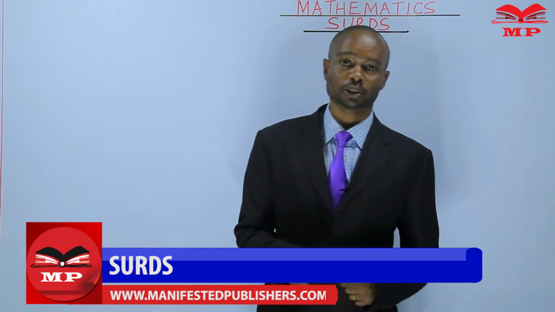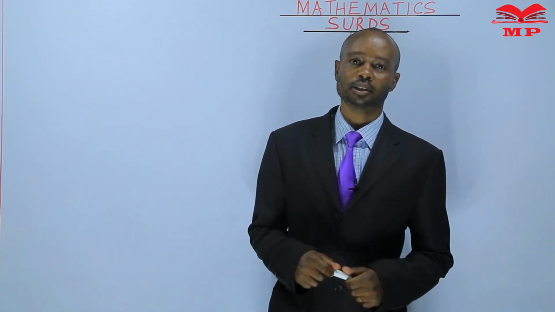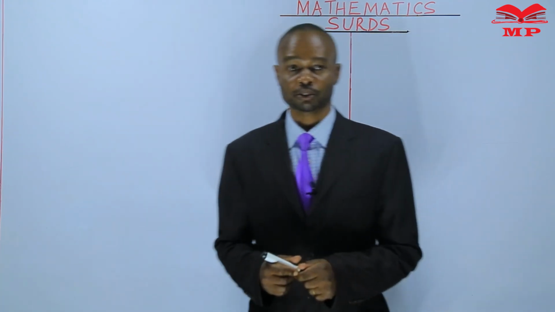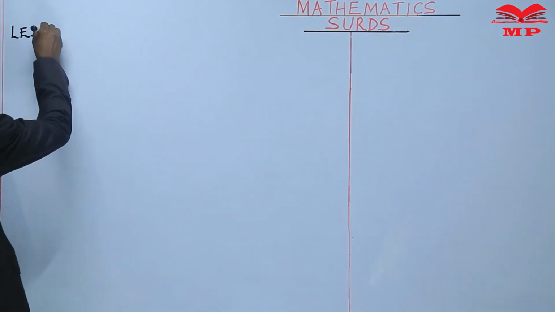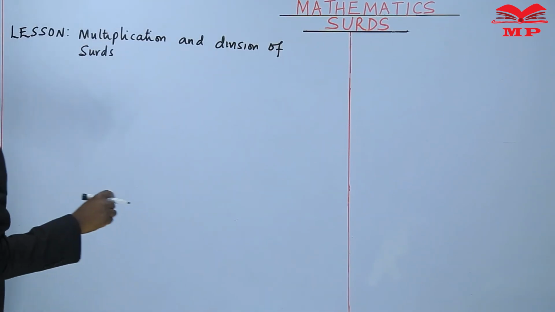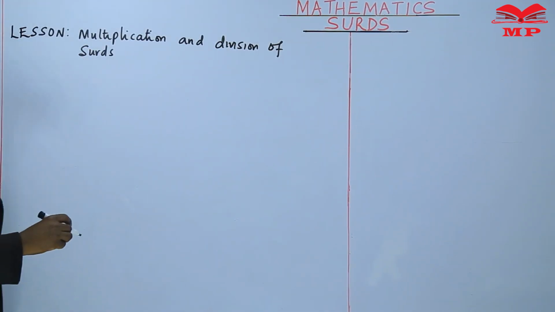We are going to continue with our topic on surds, and in today's lesson we shall look at multiplication and division of surds. So the lesson is multiplication and division of surds.